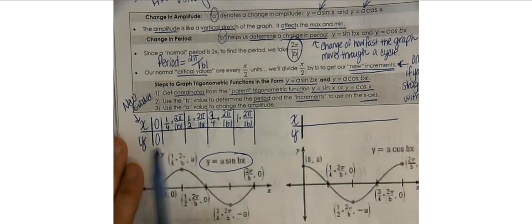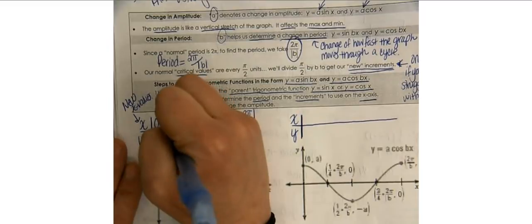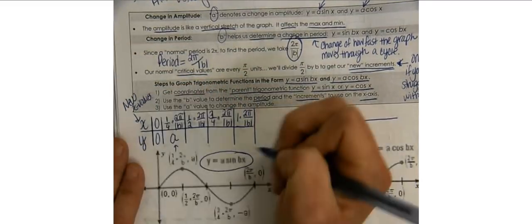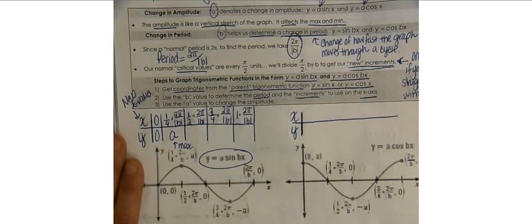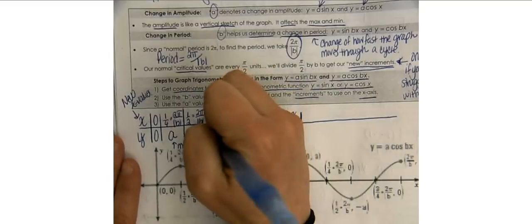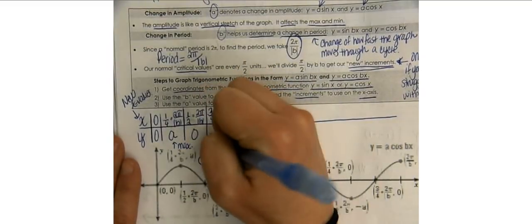Your y values are going to be 0, up, 0, down, 0. So from 0 you go all the way up to your maximum value, which is what we call A, your amplitude. This represents your maximum value. Then back to 0, then down to your minimum value, which is negative A. This represents your minimum value.